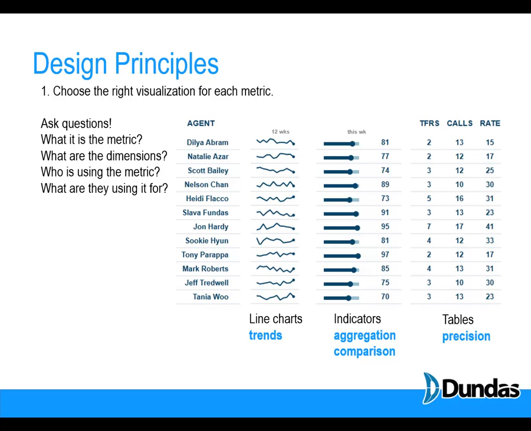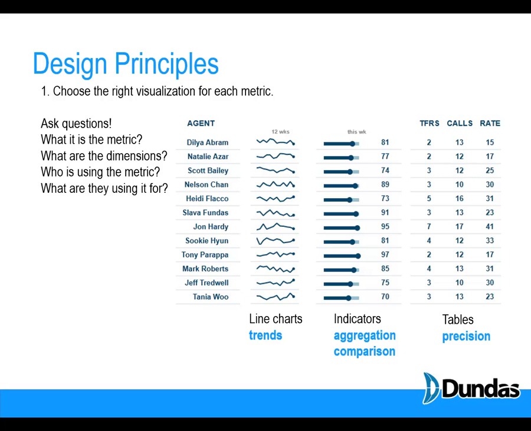So line charts, indicators, and although I try and shy away from filling a dashboard with tables, in a case where precision is required, where it's absolutely necessary to know the exact number of particular events, tables are still the way to go. There's nothing easier to read than a number.